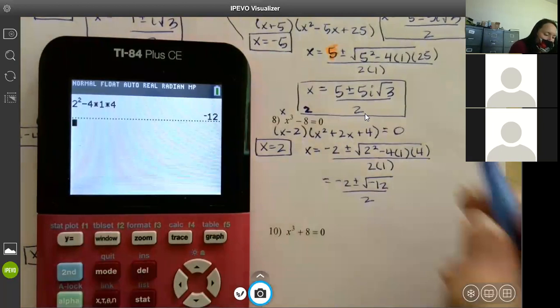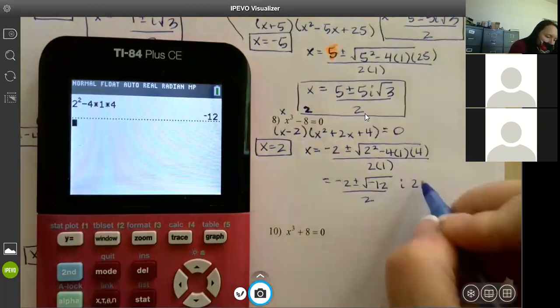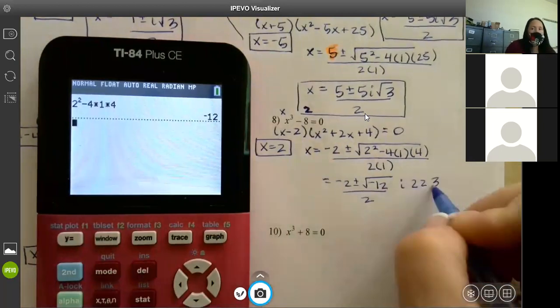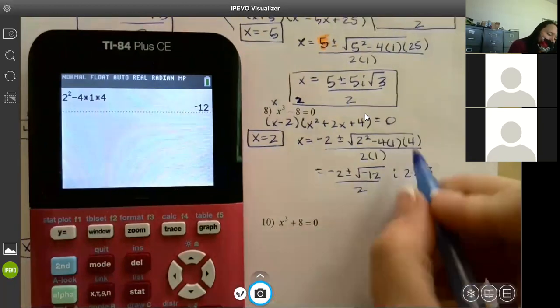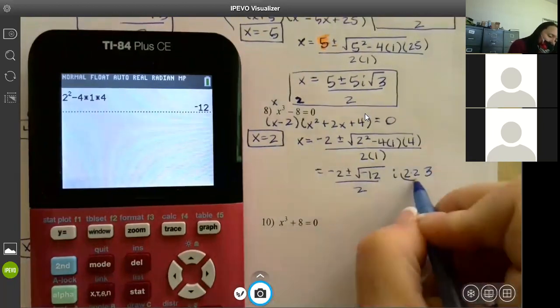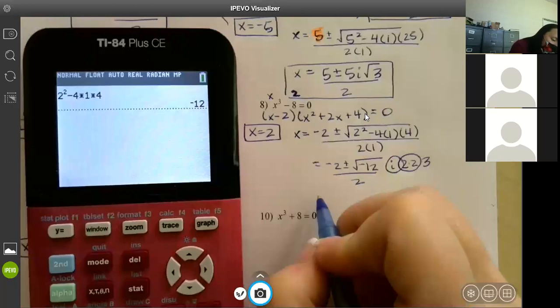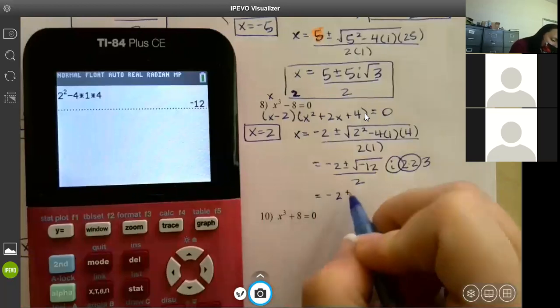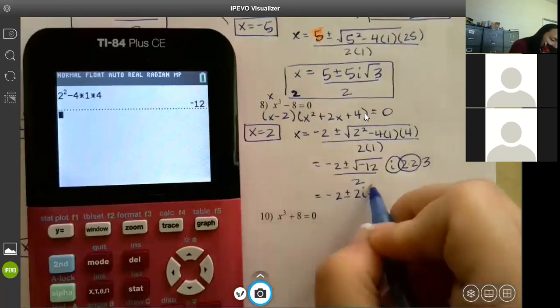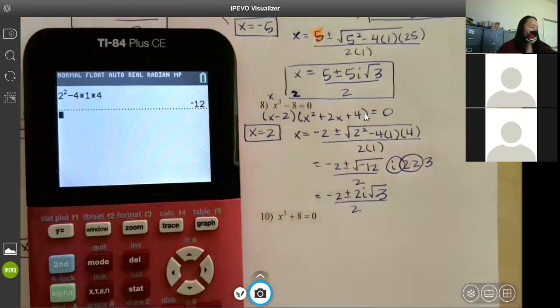Negative 12, you're going to pull out an i. Your factors of 12 are 4 times 3, so 2, 2, and 3. We see a pair of 2s. And if you want to circle the i because you know you pull that out, that's perfectly fine as well. Okay. Negative 2 plus or minus. I pulled out a 2 and an i. I left a 3 divided by 2.